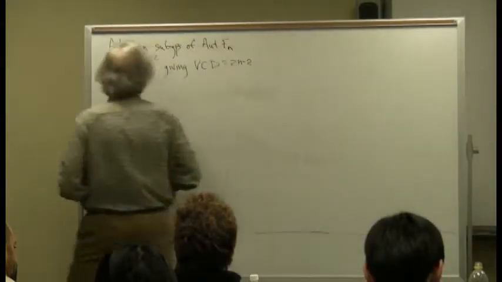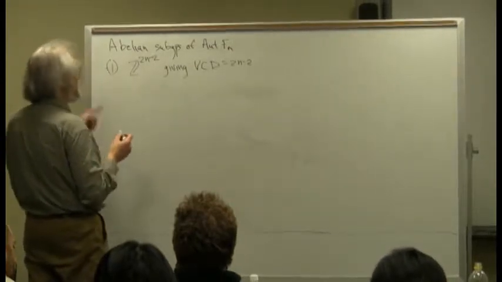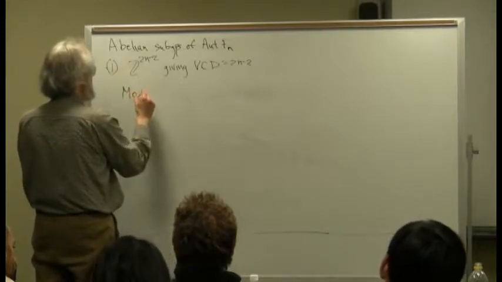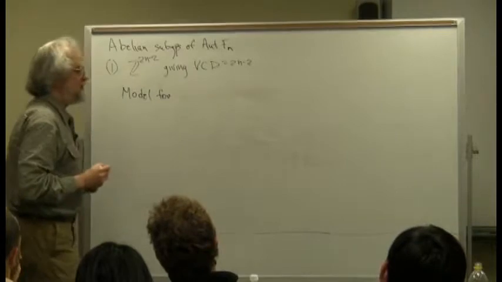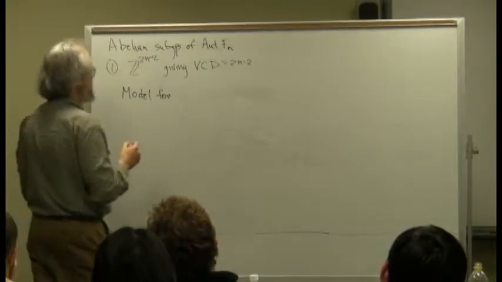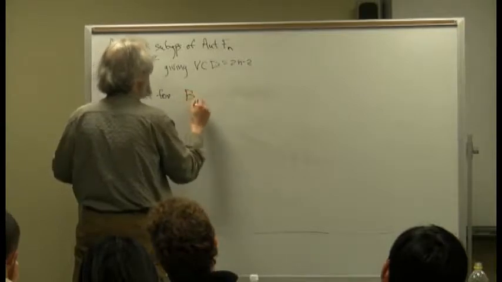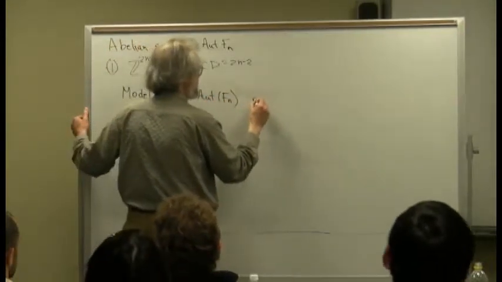So I want to describe these geometrically. I'm going to think of homology of Out Fn geometrically. So a model for the classifying space rationally.